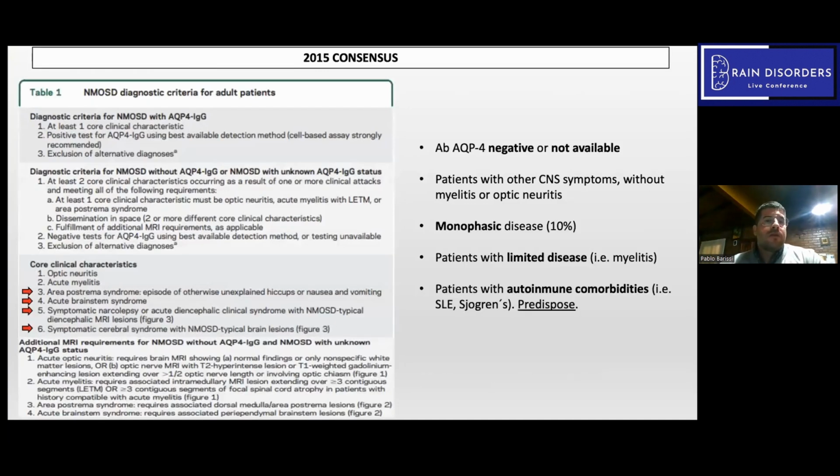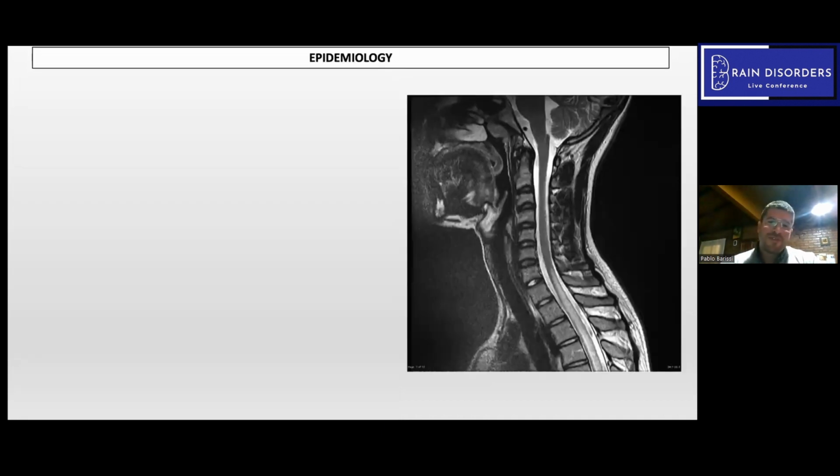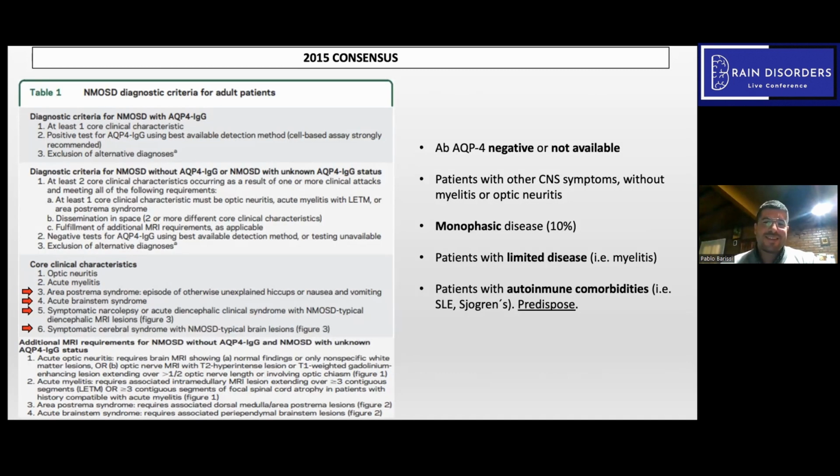The NMO diagnostic criteria were at least one core clinical characteristic, a positive test for AQP-4, and exclusion of alternative diagnoses that we will see next. The diagnostic criteria without AQP-4 were now available in 2015.